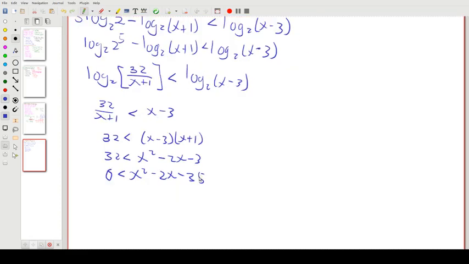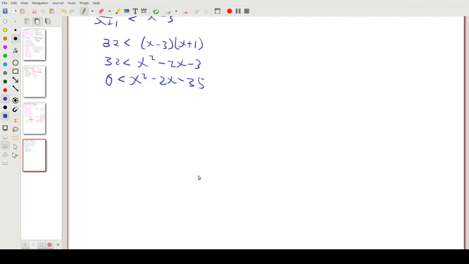Okay, now let's scroll down a little bit so we can factorize this. So let's keep 0 is less than, and this one, quadratic trinomial, we can factorize this into x minus 7 and x plus 5. Now we go back to our critical values. So our critical values are if we were solving this with an equal sign.